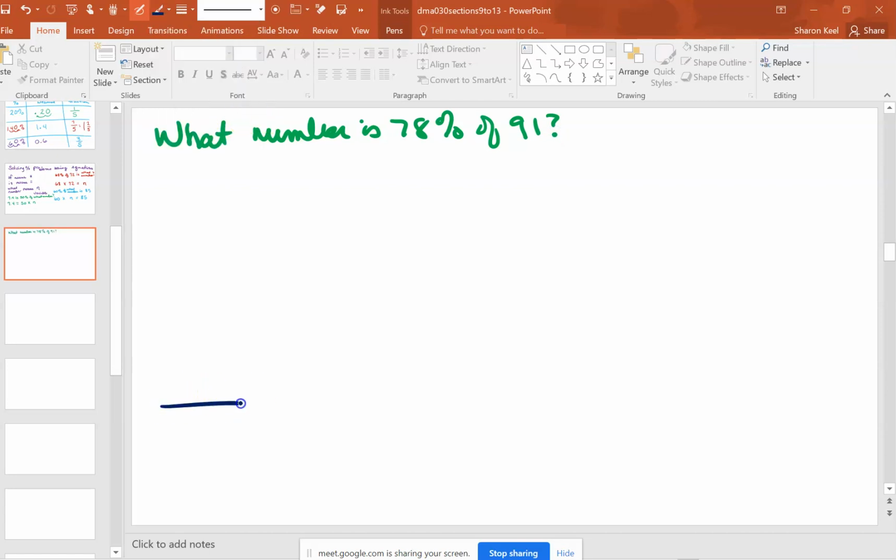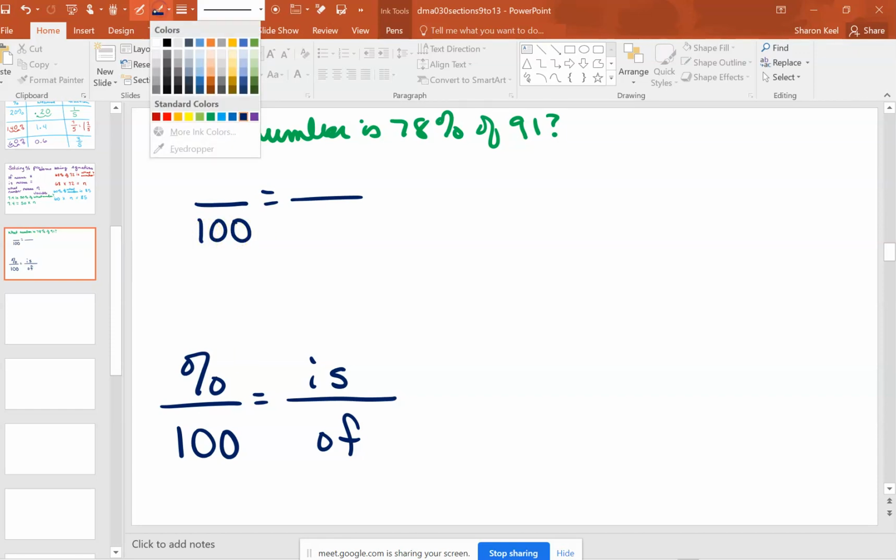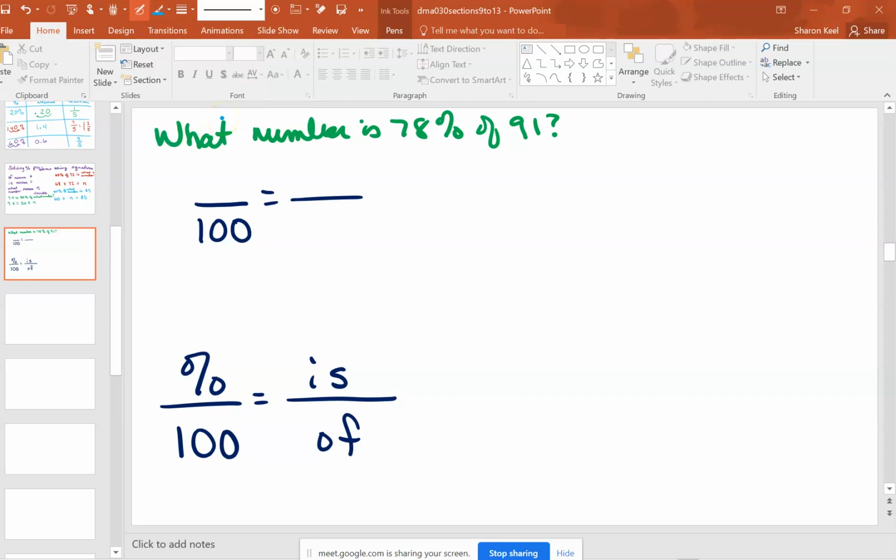From here forward, when it asks you to solve, your percent is always over the 100. From the sentence, you're going to use the keywords is and of. So when I do this problem, I would set my problem up initially and I would put the 100 on the bottom left. Then I look at the problem and I ask myself, are there any percents in the problem?